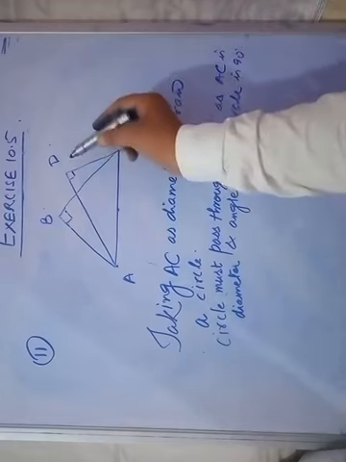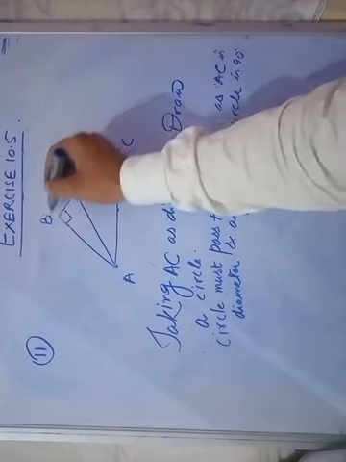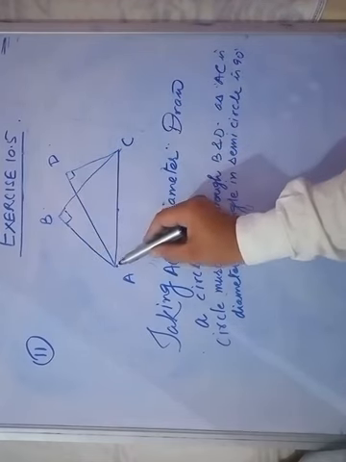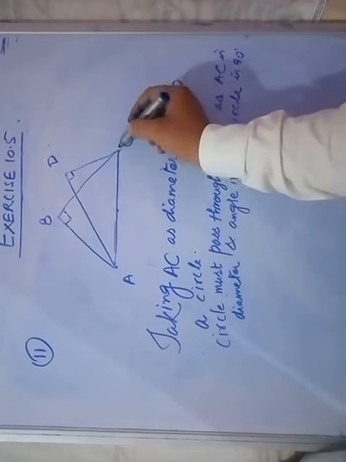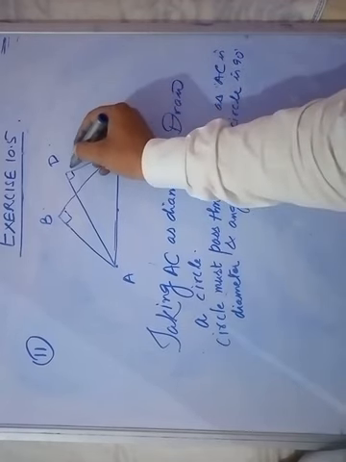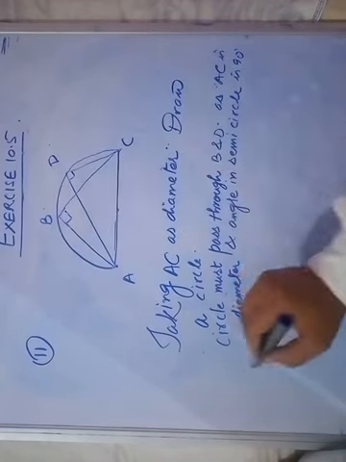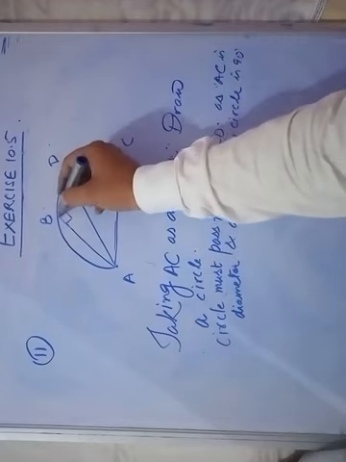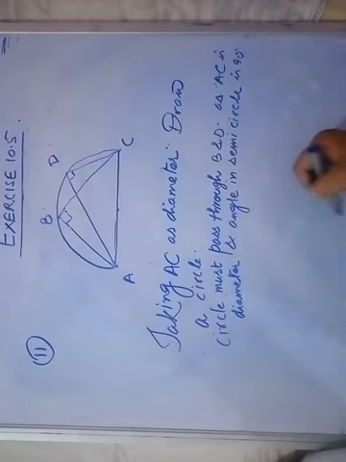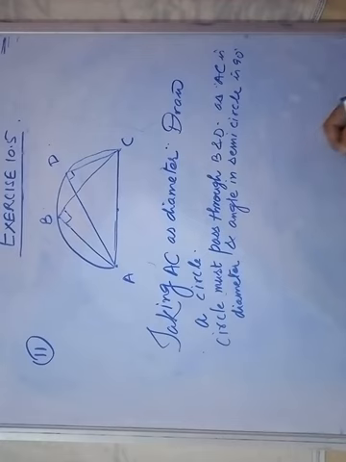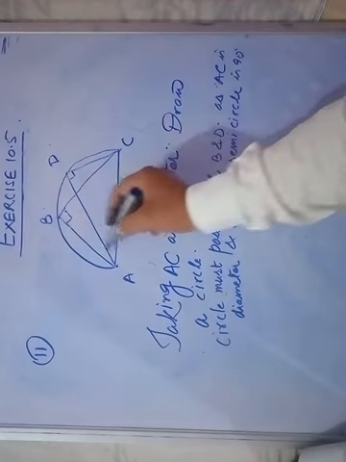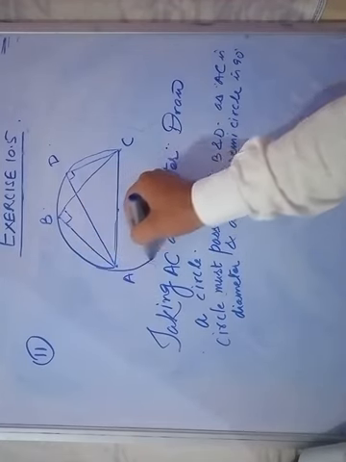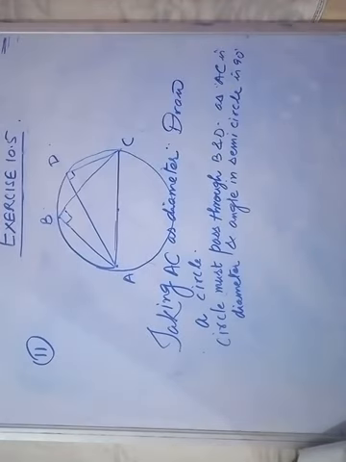Okay, since we know that angle in a semicircle is 90 degrees and AC is diameter, it means this is a semicircle, so the circle must pass through these two points B and D. Now the complete circle will be like this.